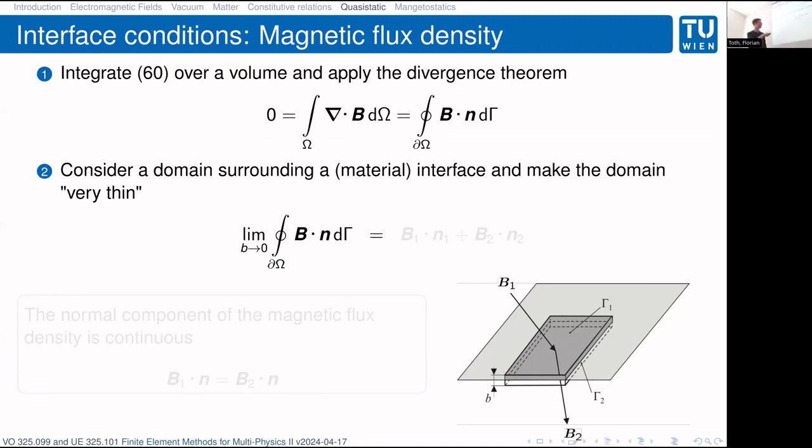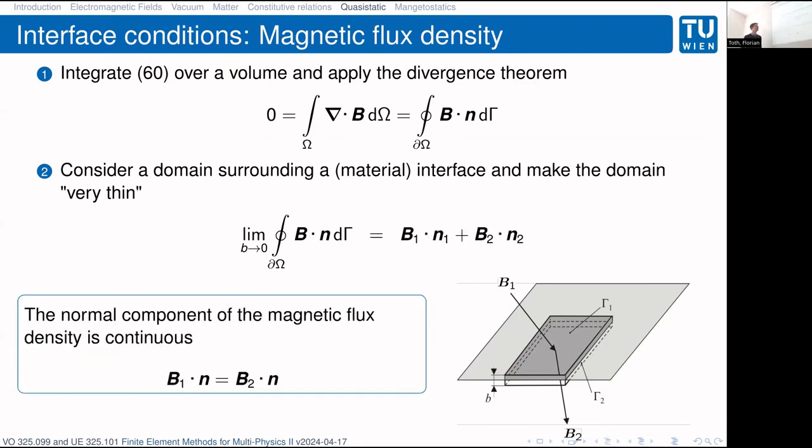The thickness of this cube goes to 0, and then we know that the integral over the whole surface needs to be the integral of top and bottom surface. If you insert this, you see that the normal component of the magnetic flux density needs to be continuous.